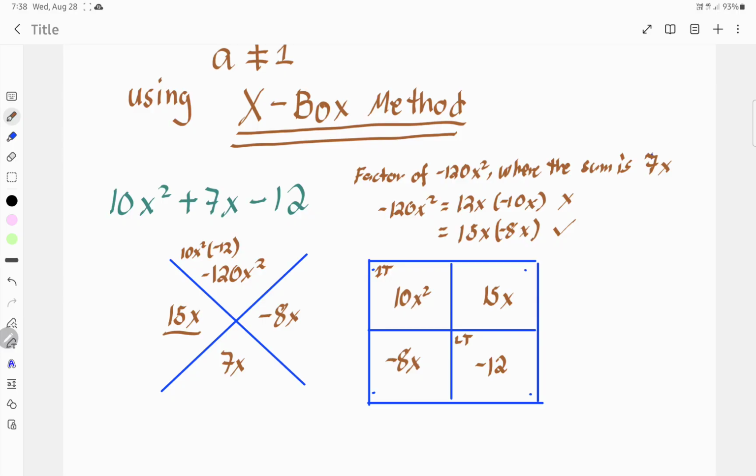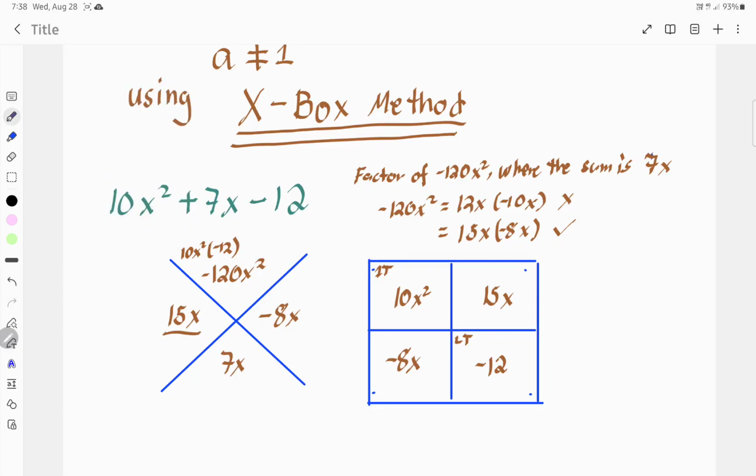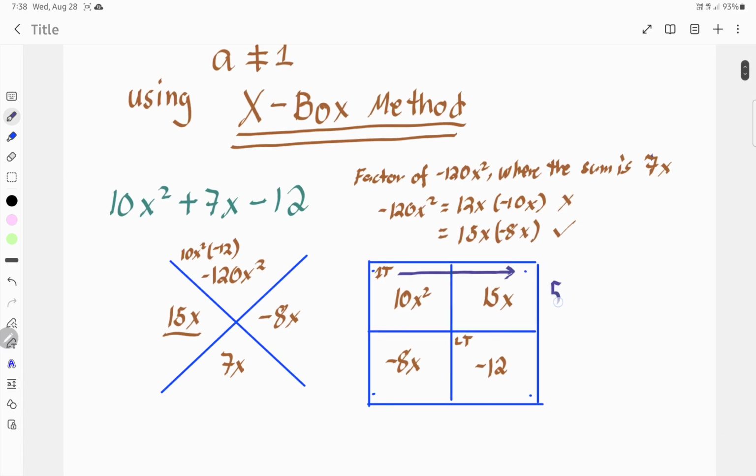After having the 2x2, you can now factor by side. Factor all the terms here by common factoring. What is common between 10x squared and 15x would be 5x. And then I could factor this one.